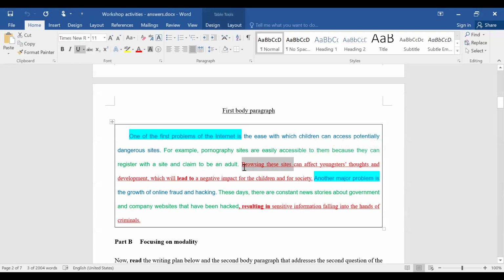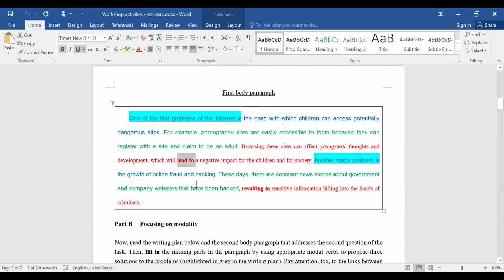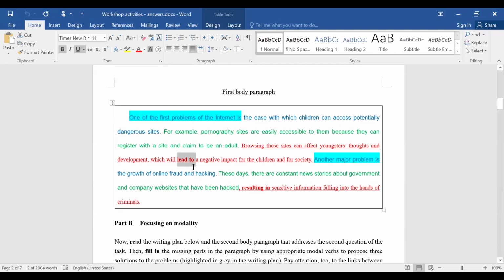Okay, pornography sites can affect youngsters' thoughts and development, which will lead to a negative impact for the children and for society. I'm using the word lead to, okay, to link the cause, which I've highlighted here, and the effect, again, which I've highlighted here, using the linking word lead to, right?